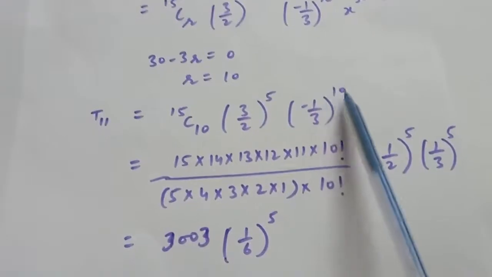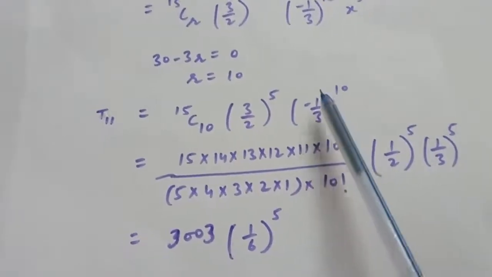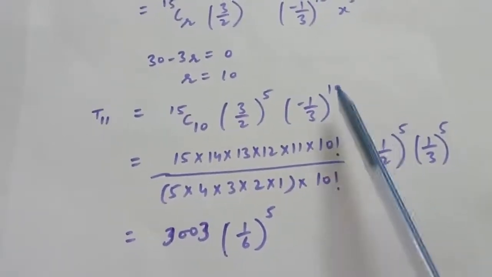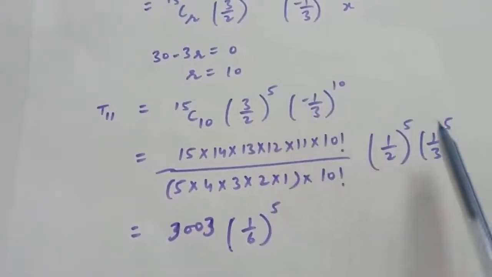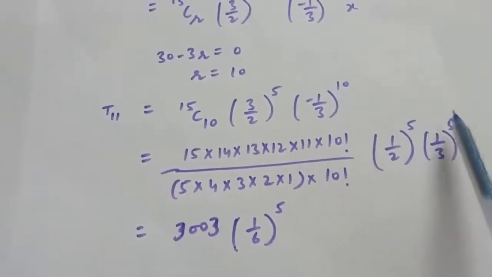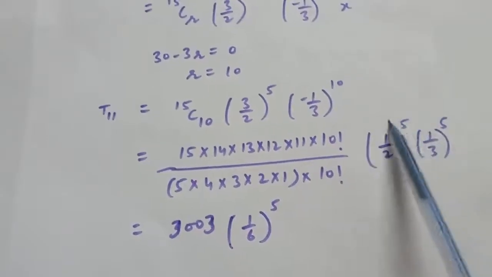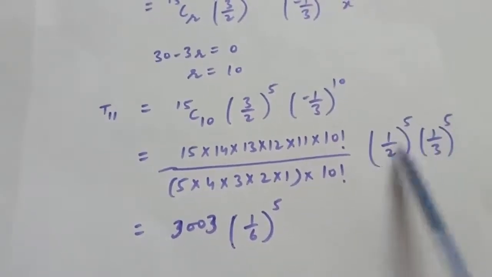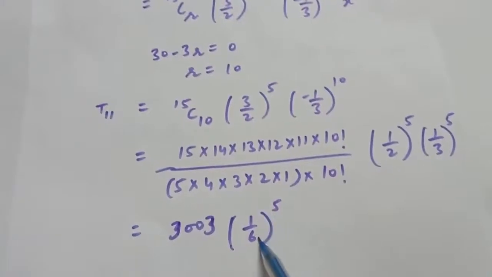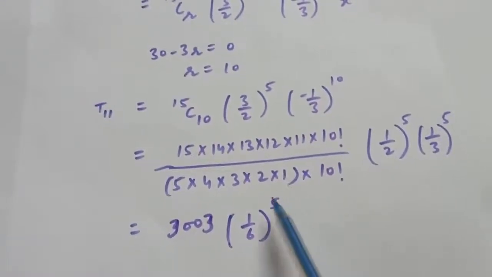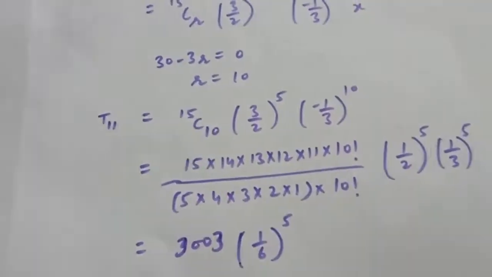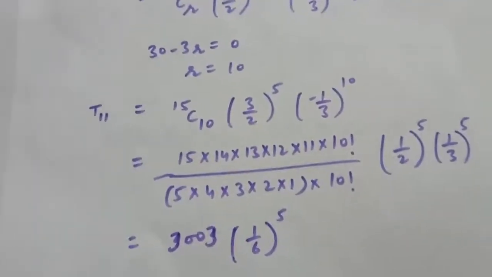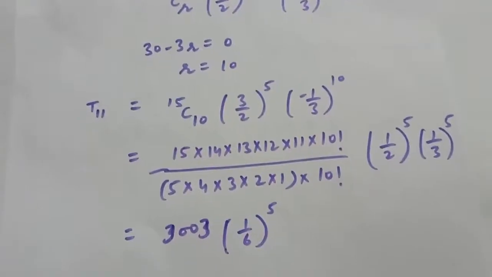This (−1) raised to the power 10 will be 1 only. And this 1 by 3 raised to the power 10, and here it is 3 raised to the power 5. So cancelling these two, you will get 1 by 3 raised to the power 5. Now because powers are same, multiply the base. So 1 by 6 raised to the power 5, and this will be 3003. Right? So this is the term independent of x.